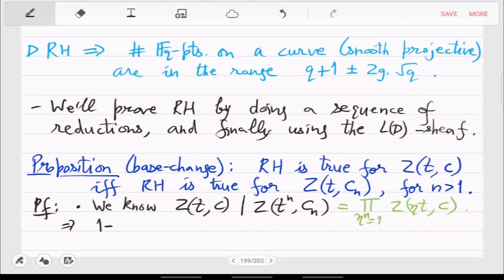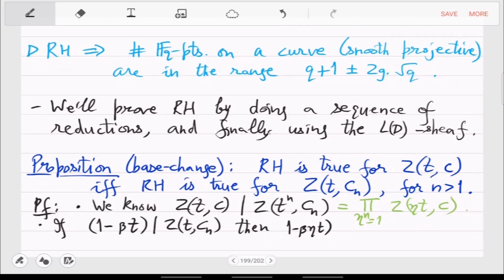So if you have a root, or a factor 1 minus beta t of Z(t, C_n), then 1 minus beta eta t is a factor of Z(t^n, C_n).